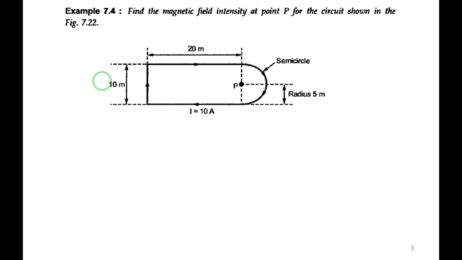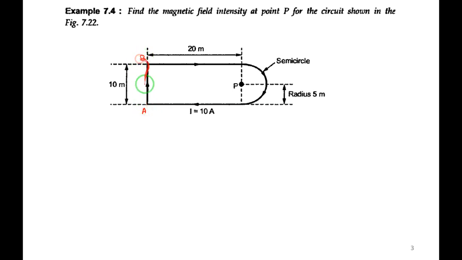We'll take up this numerical. Find the magnetic field intensity at a point P for the circuit shown in figure 7.22, right? So this is the conductor in this shape. Let me name them.